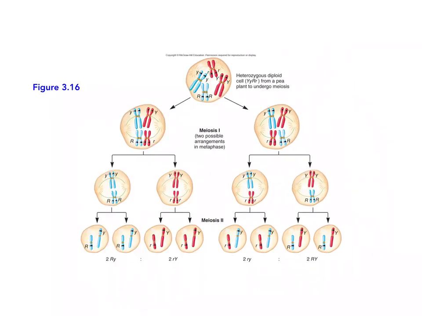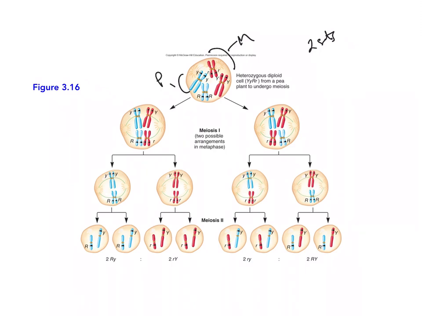Now let's talk about the law of independent assortment and identify where we can see independent assortment. This figure differs from the last in that here we're starting out with two sets of chromosomes. In red again are our maternally inherited chromosomes, and in blue are our paternally inherited chromosomes. This is in the cell of a new individual.